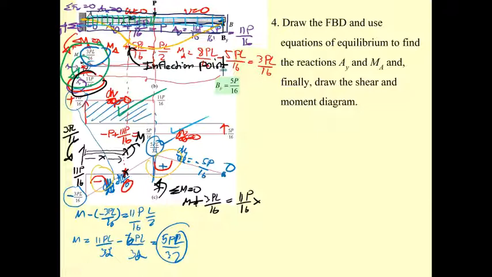Since the moment at the point equals 0, the 16 and 16 cancel, and the P cancels. Now you may get x equal to 3L over 11.